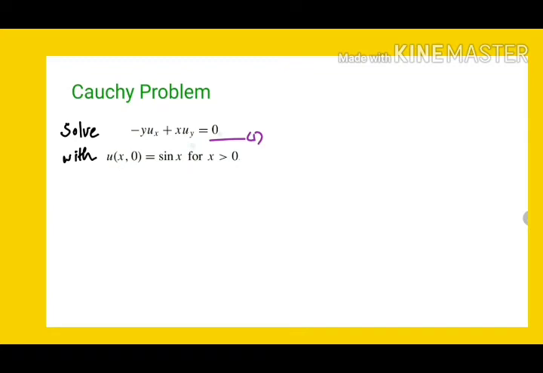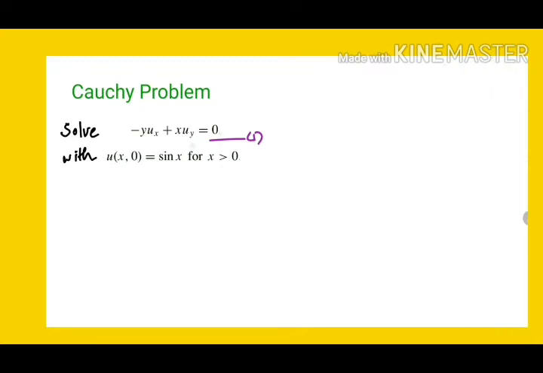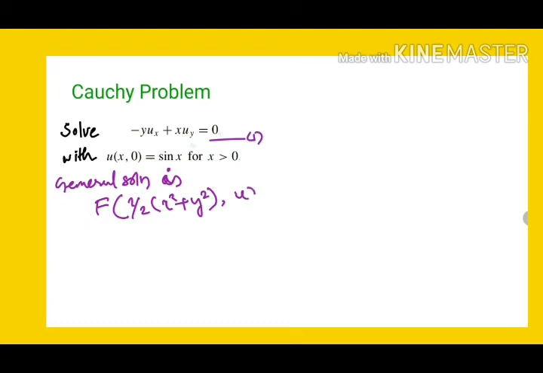We have already obtained the general solution of 1, u is equal to some function of x square plus y square. So this is our general integral. Equation number 2 is the general integral.